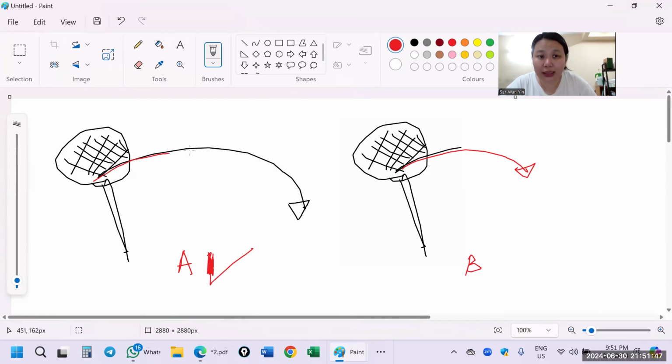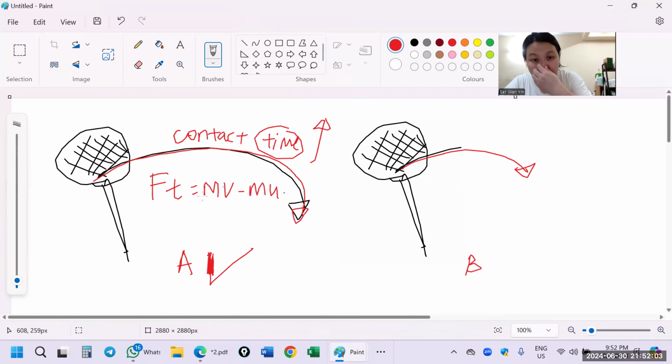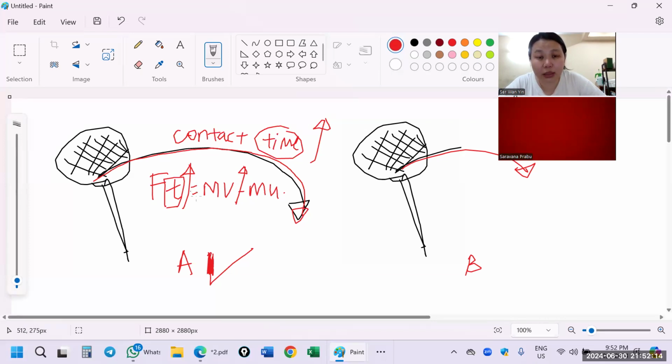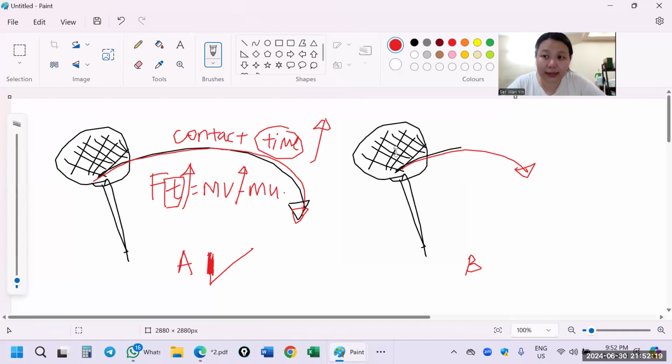Because in A you swing a longer distance, which means your contact time is longer. Ft equals to mv minus mu. Your contact time longer means you will have higher final velocity. So this is called contact time. Longer contact time, higher final velocity, right?